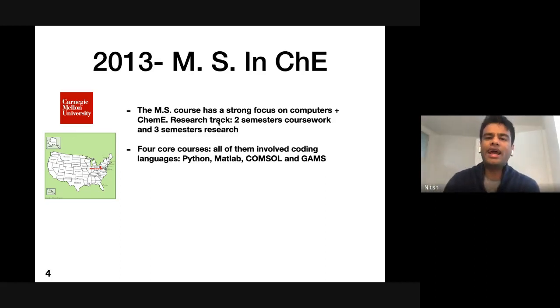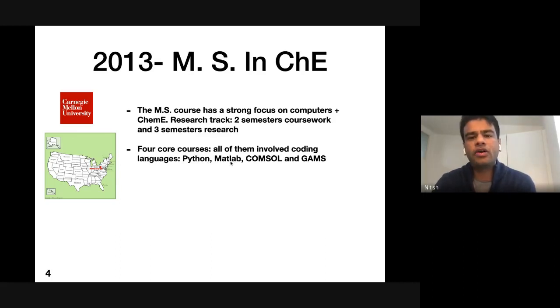We had 4 compulsory core courses that we had to take during the master's, and they all involved coding languages. We did a course on reaction engineering, which involved using Python to mainly solve all of the differential equations that you would encounter in reaction engineering problems.